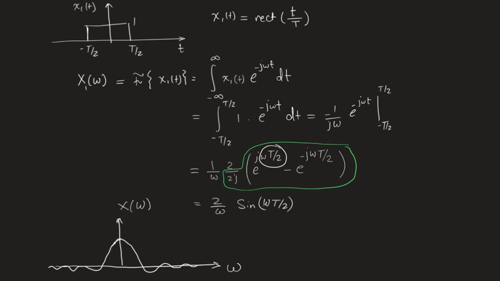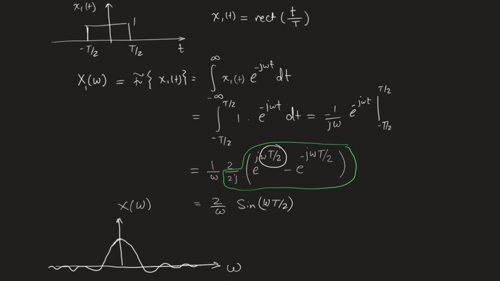Sine 0 is equal to what? 0. Sine pi, sine 180, is equal to 0, right? Sine 2 pi, 0, and so on.